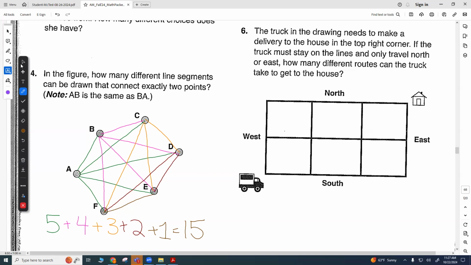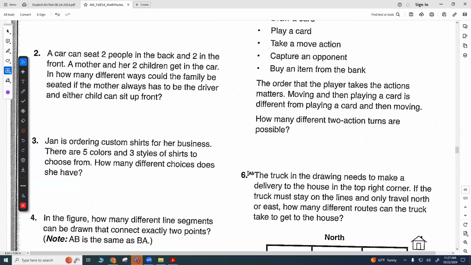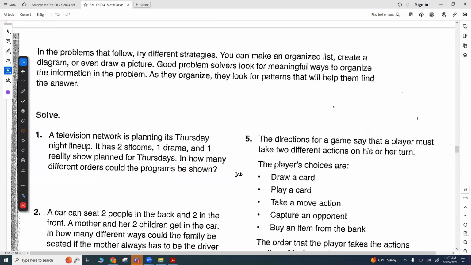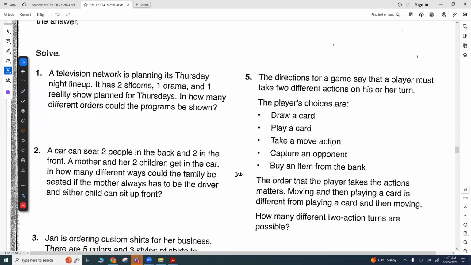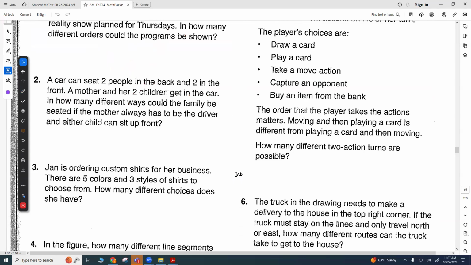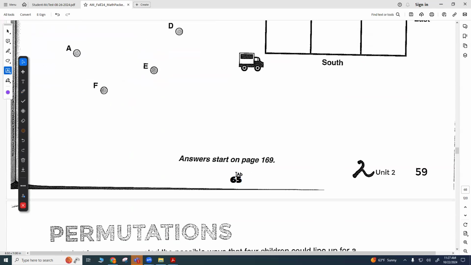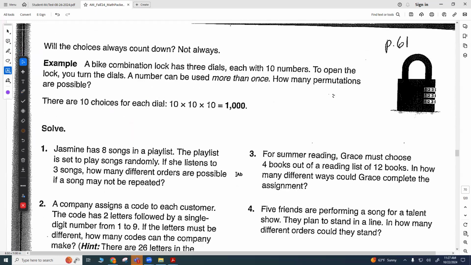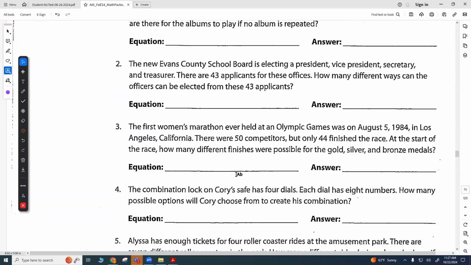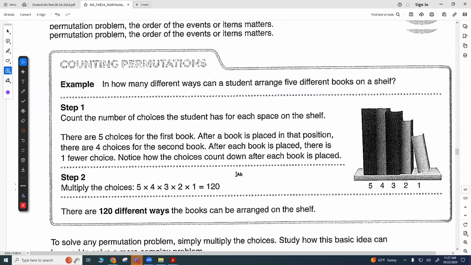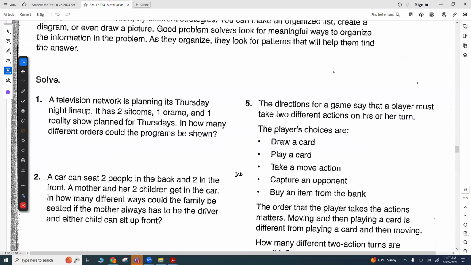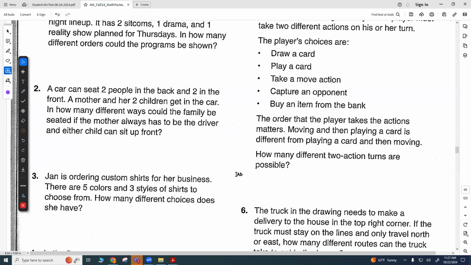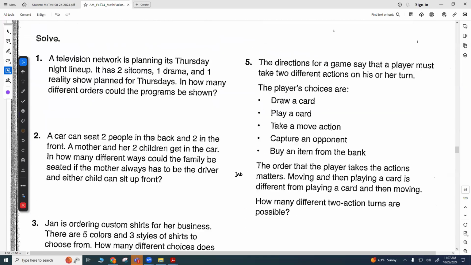So we're gonna keep working on these on Thursday. Don't feel, like I said, too overwhelmed because we're gonna get into it more. So if you want to, you could look at page 67. You could look at the remaining problems 5 and 6 as well.